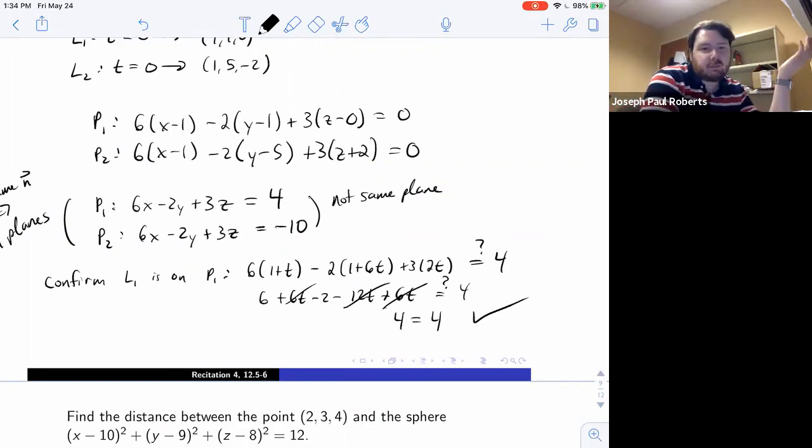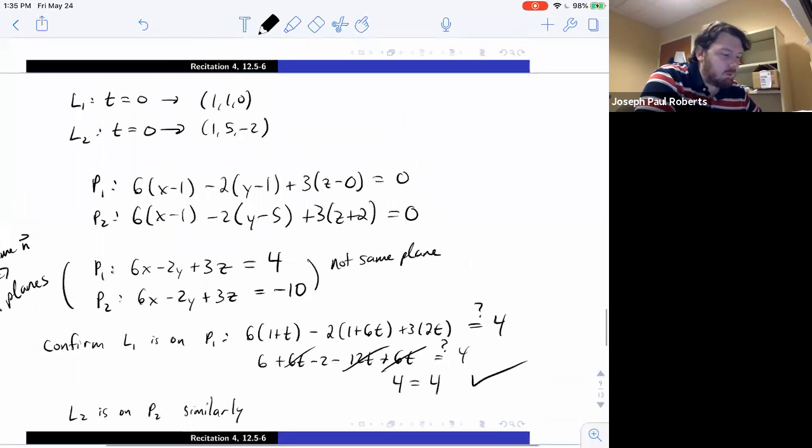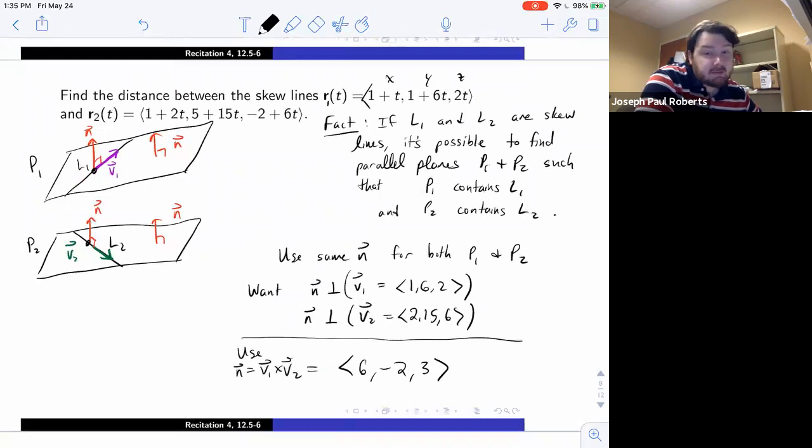And so if you do the same thing, you can confirm that the other line, L2, is on P2 similarly. So if you were skeptical of our ability to find these parallel planes, guess what? We just did. And so that's proof by construction that we can do it.